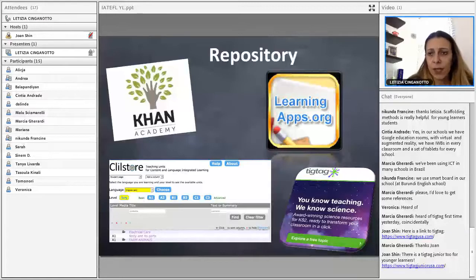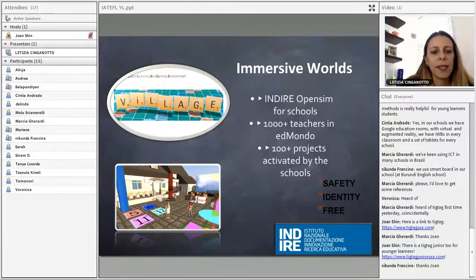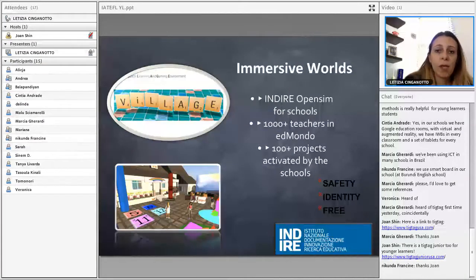And once again, with Learning Apps, you can also choose the level, and for young learners as well you find a lot of things, but then you can select your target level. It's the same with Khan Academy, so generally it's a common feature that you find in the majority of the repositories. Then you can use immersive worlds.